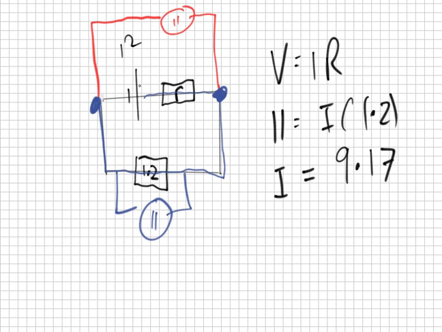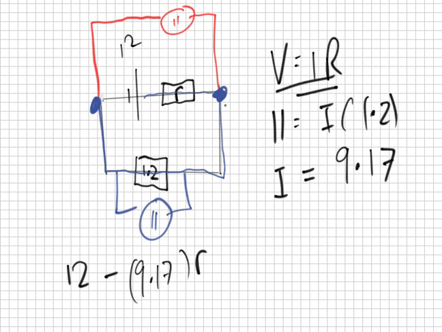So it goes through here, and then around and around. So that 11 volts, although it's on the top of the circuit, it's actually 11 volts from here to here. In other words, it's actually the same as saying 11 volts across this resistor.